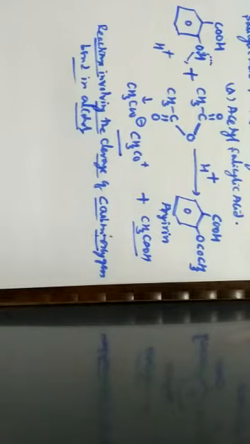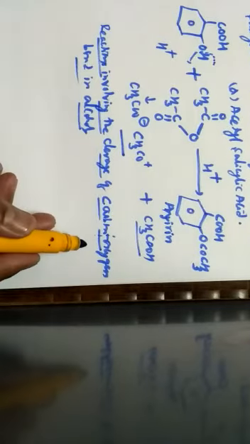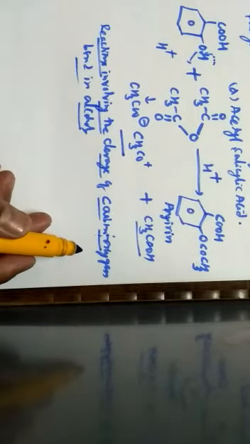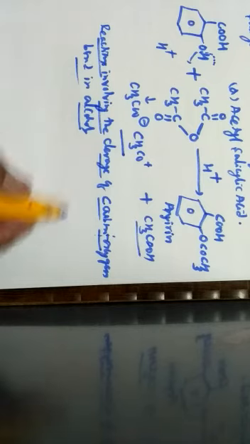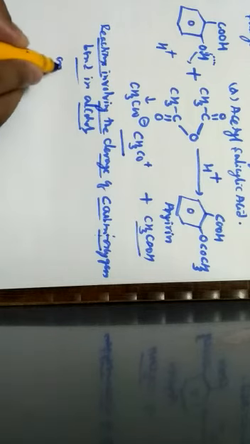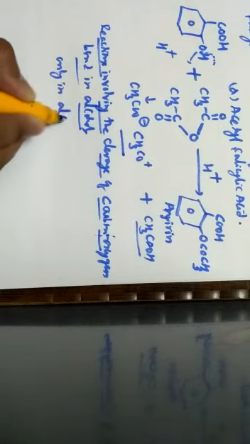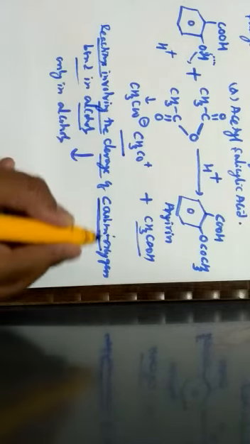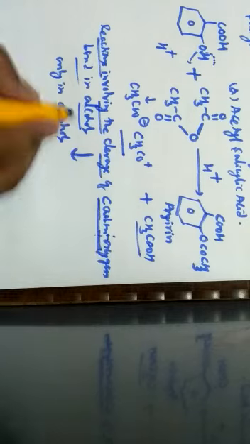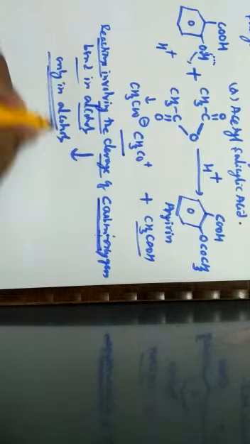So when we study the breakage of the bond between carbon and oxygen in alcohols, the reactions involving the cleavage of the CO bond take place only in alcohols. This type of chemical reaction, cleavage of the carbon oxygen bond, can only take place in alcohols.